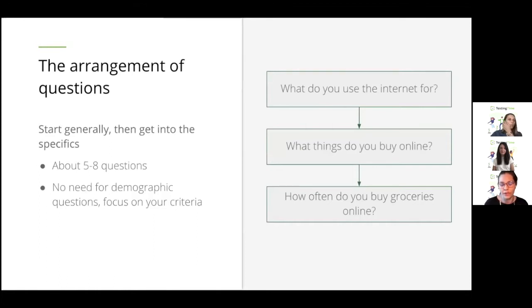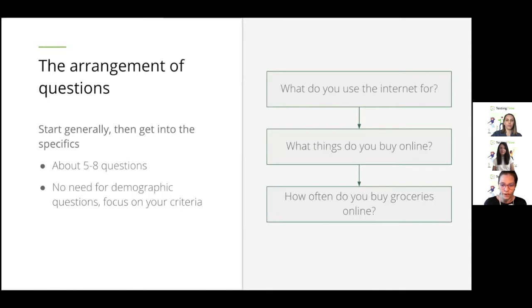Next up is how to arrange the questions. It's important to start generally and then get more specific to weed out non-fitting people from the beginning, so that personas that don't match the target group, firstly, don't have to waste their time, and secondly, that we are sure we are getting the right people, since every question is another step to disqualify test users that don't match.